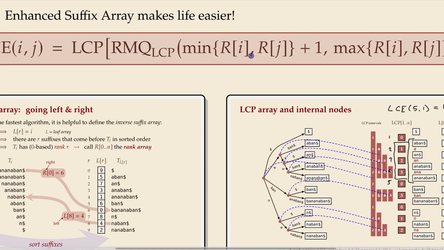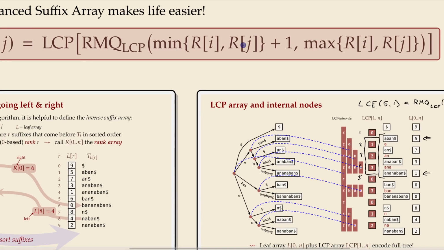So we take i and j and convert them to their ranks on the right-hand side. We do that with both. Now these numbers, they might not be in sorted order. It might be that they swap relative positions by moving to the right. That's why we have to take the minimum here and the maximum here. And the +1 comes from this convention of the LCP array to sit between two suffixes, but then it starts with index 1.